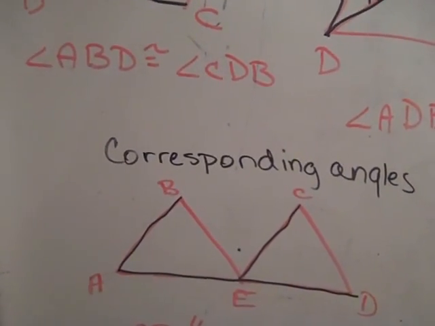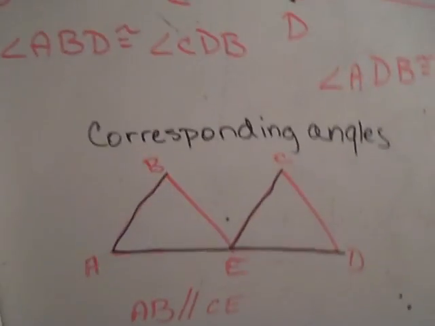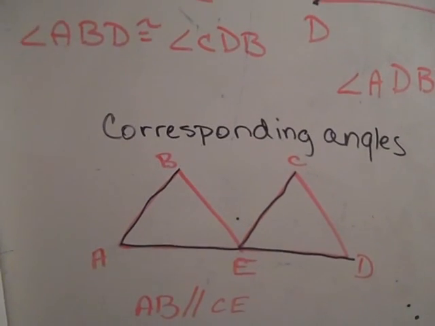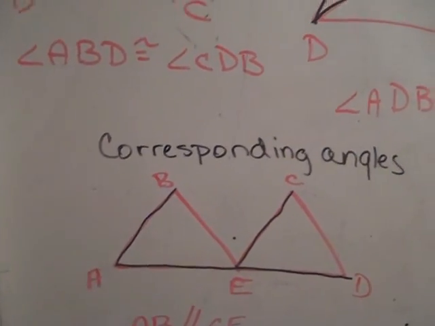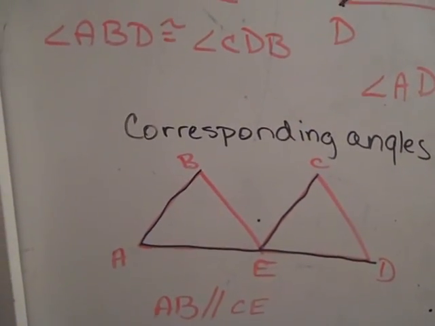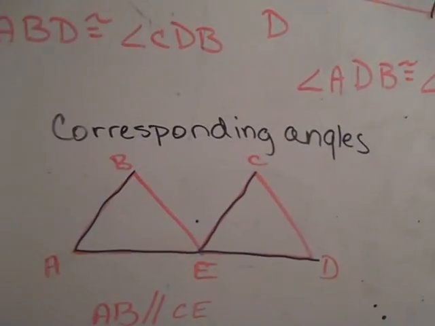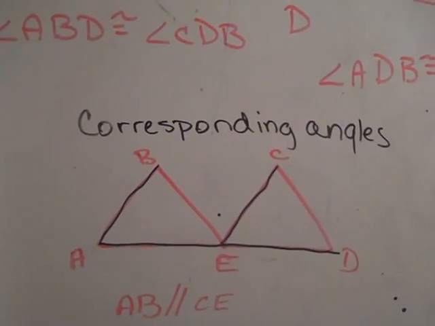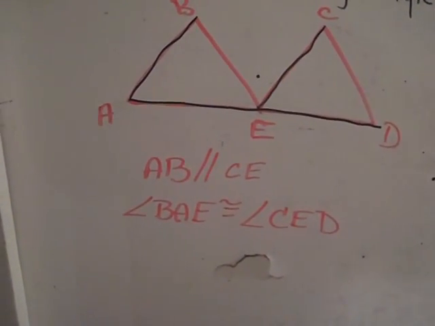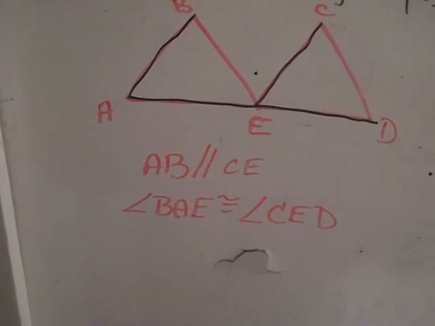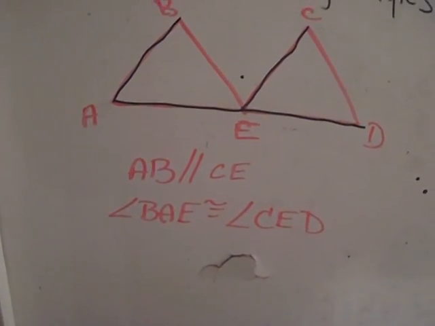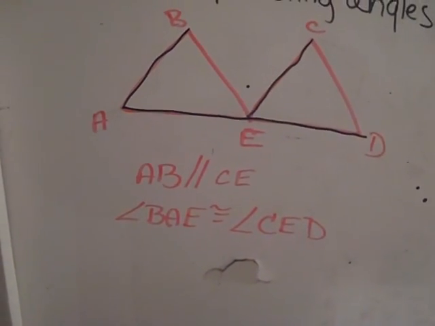They have a transversal, which is AD in this case, but they don't have a reflexive side. In this case, the two sides that I wanted to be parallel were AB and CE. And being that those two lines are parallel, that meant angle BAE and angle CED were going to be congruent automatically.